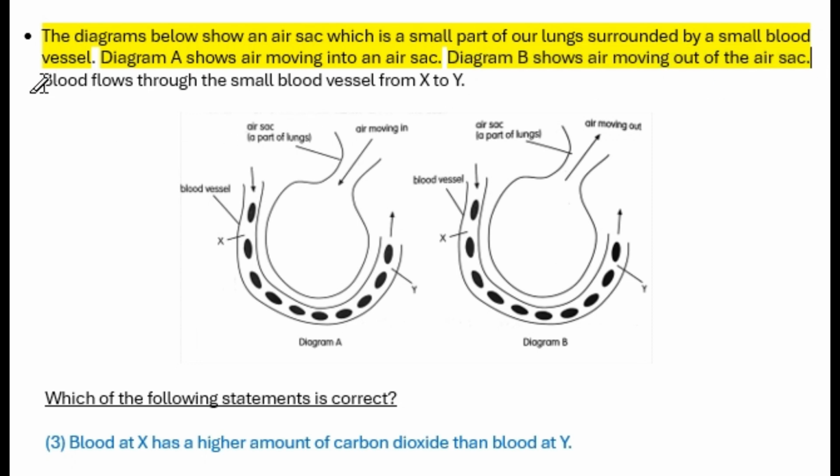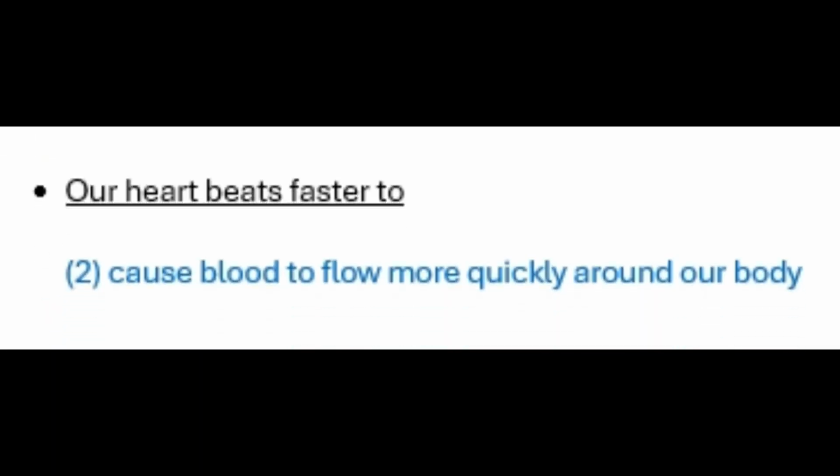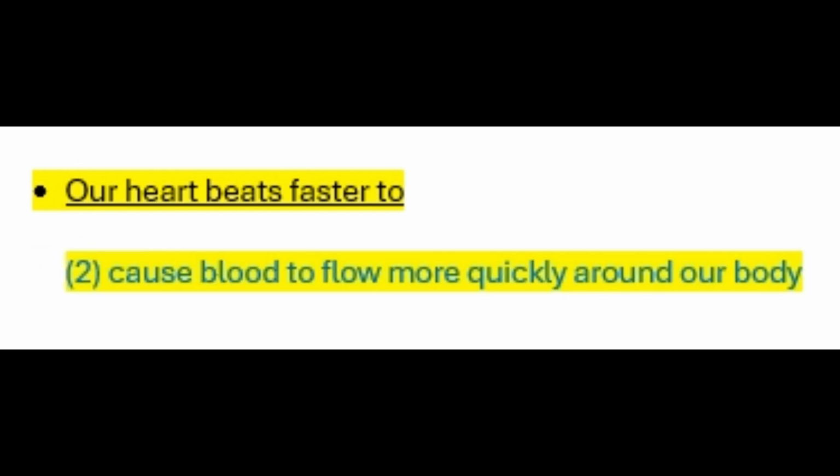Blood flows through the small blood vessel from X to Y. Which of the following statements is correct? 3. Blood at X has a higher amount of carbon dioxide than blood at Y. Our heart beats faster too. 2. Cause blood to flow more quickly around our body.